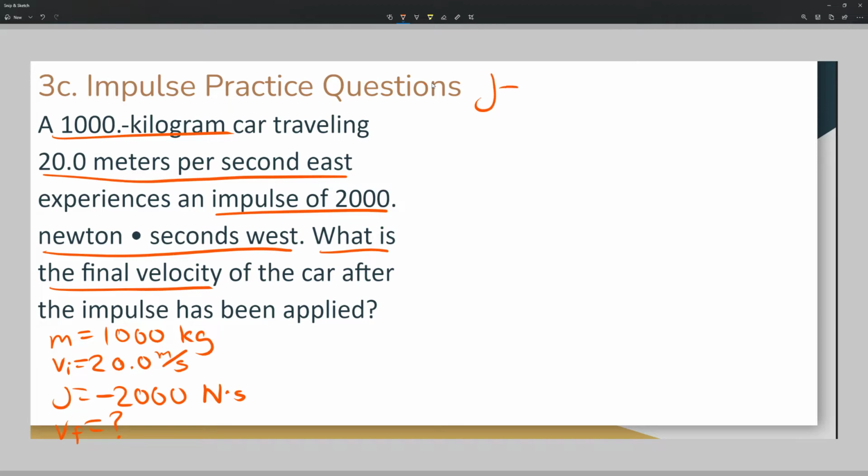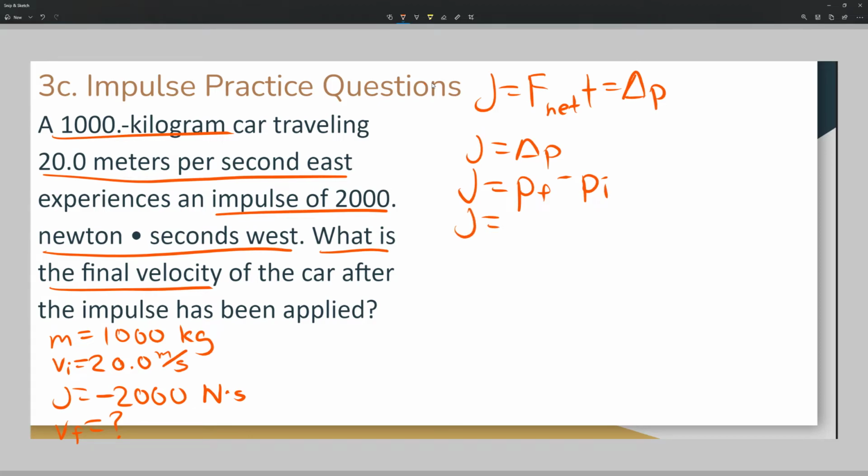So we don't have force, we don't have time. So what we're going to do is just J is equal to delta P. J, the final momentum minus initial momentum. Mass, final velocity minus mass, initial velocity.